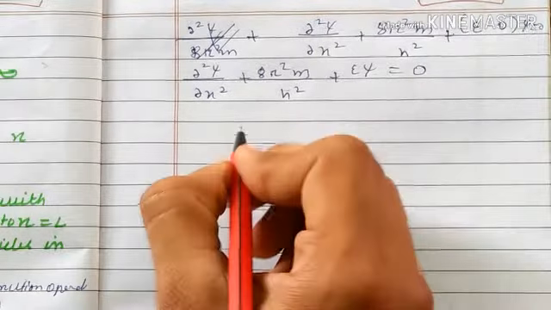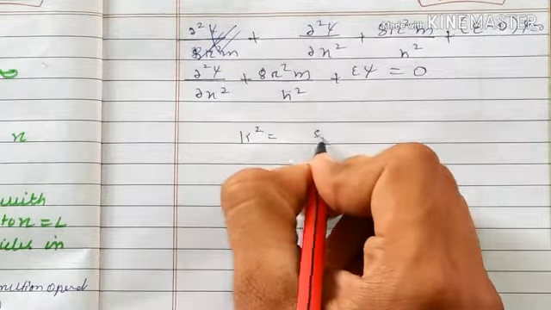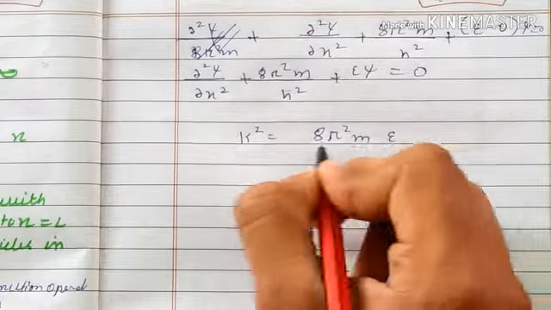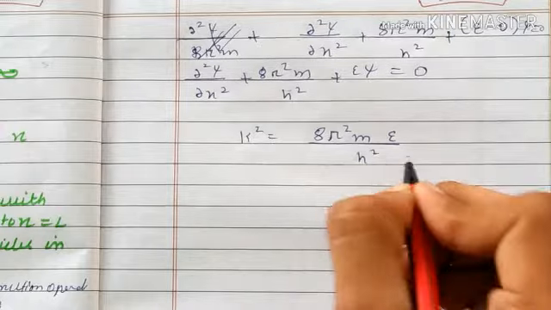This is the value of k square. K square is equal to 8 pi square m E upon h square.